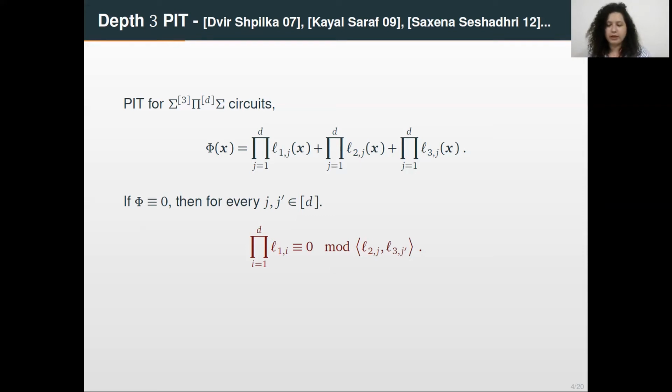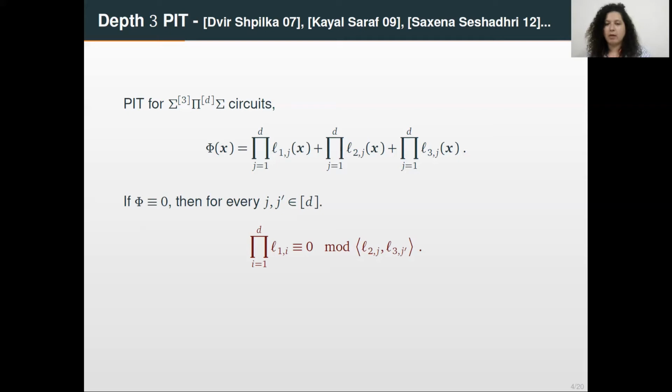Specifically, if we take 2 factors from 2 different product gates, for example L2j and L3j prime, and we look at a common 0 of them, this evaluation point will vanish the third product and the second product. So it must be that the first product vanishes as well.